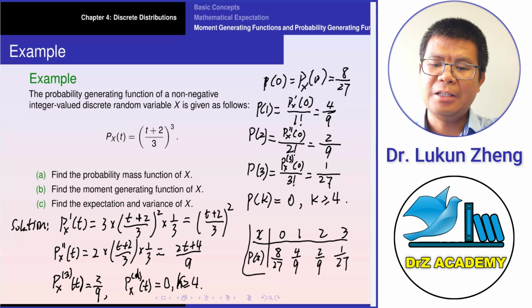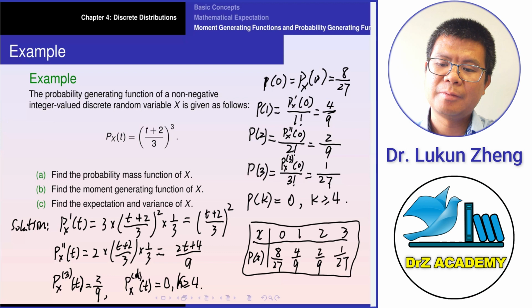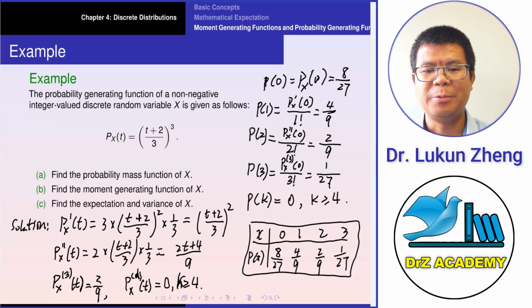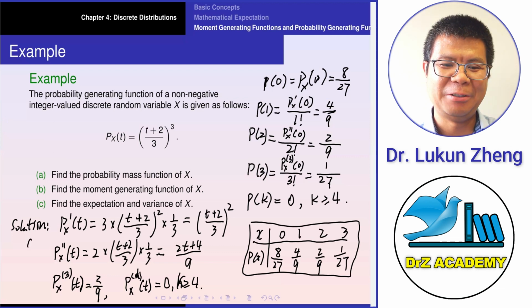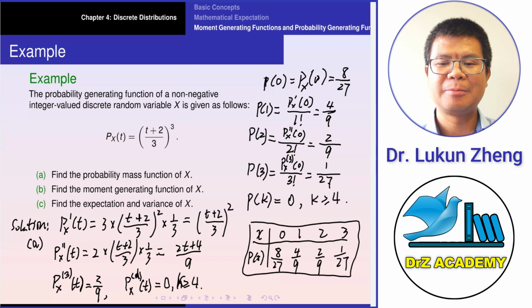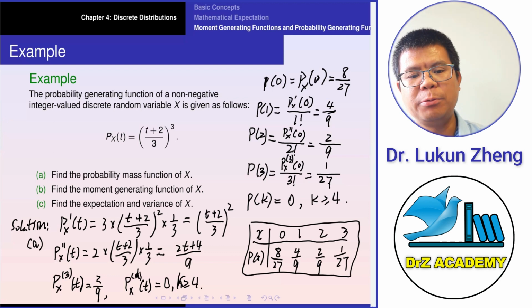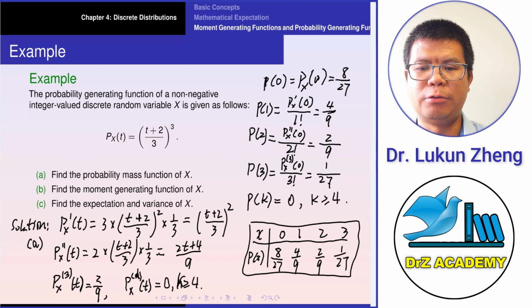So that's basically the PMF. So we got the PMF in part A using this probability generating function. Now, for part B, we want to find the moment generating function for x.